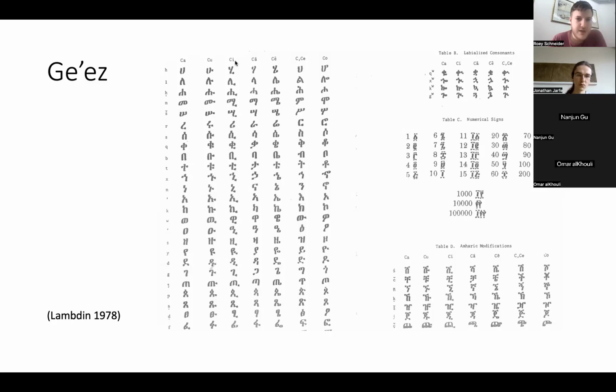I is usually made by adding a small line to the bottom right side. And I don't think this is the only exception. I think the yi sign is a little bit different. A is a little bit more complicated.